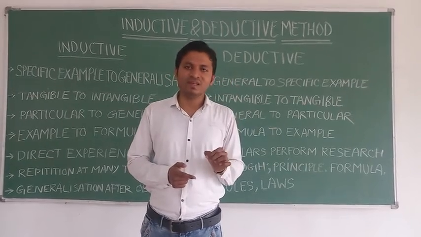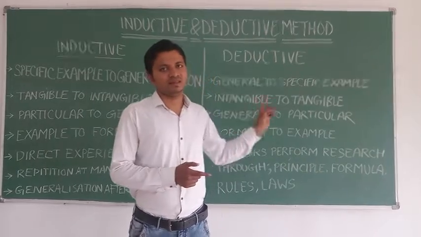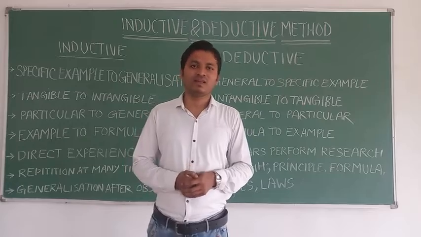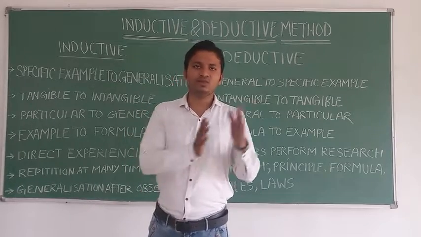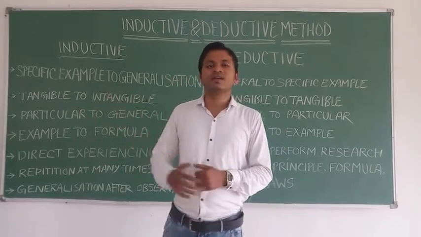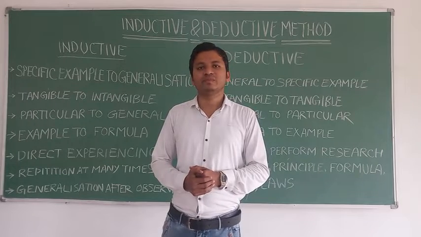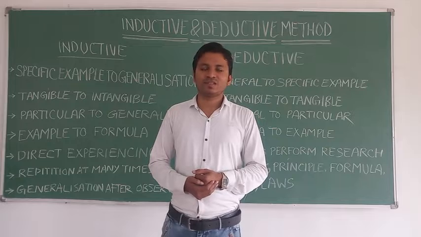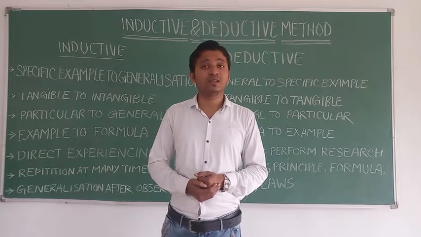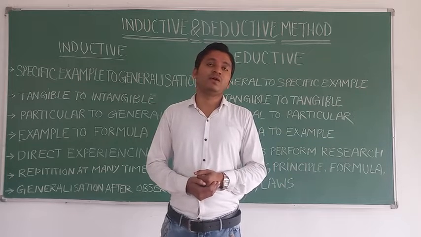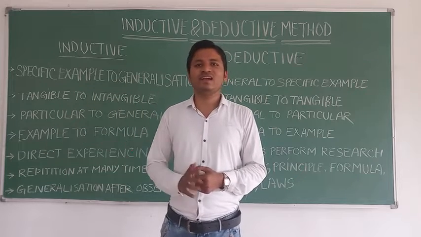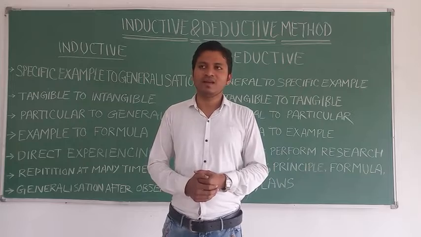They are tangible. So the conclusion is that the deductive method goes from intangible to tangible, just opposite to the inductive method. In the inductive method, we study tangible people and go to the intangible generalized theory or principle.